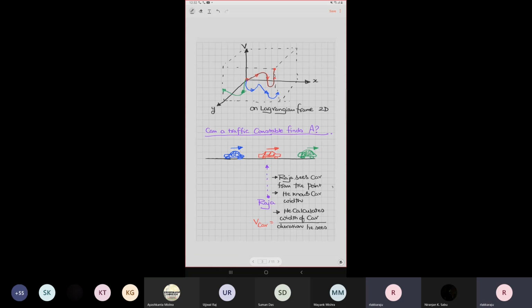Now let us think of a situation like what I asked. When Raja is standing at one location, he might sense only one particular velocity. At the next instant of time, a blue car might come. So he cannot calculate the red car velocity minus the blue car velocity divided by delta t as acceleration.